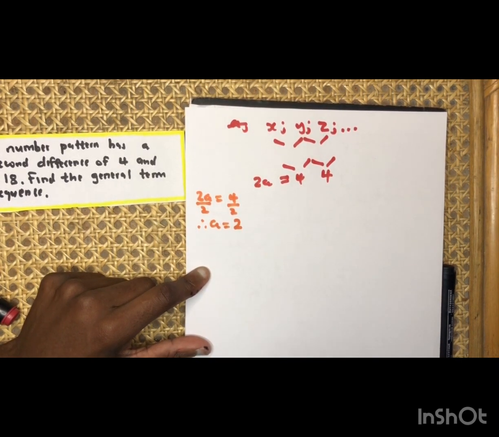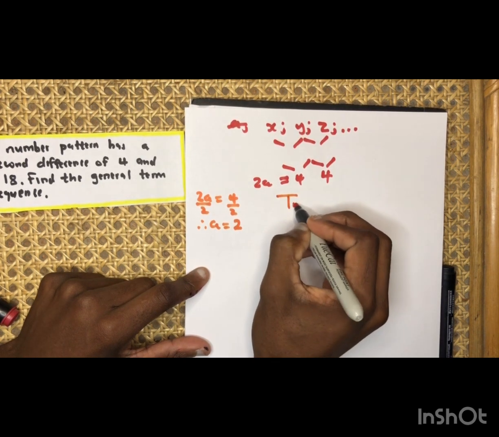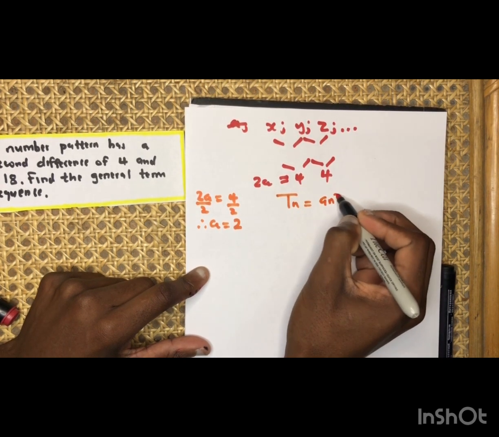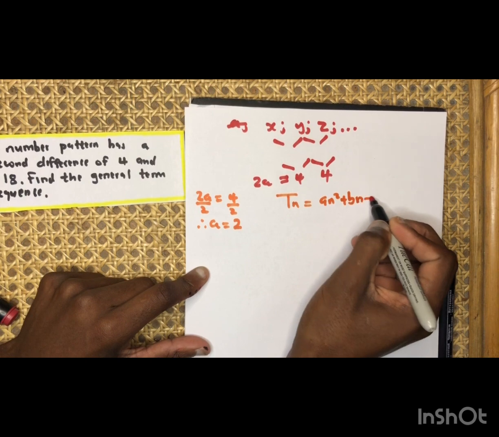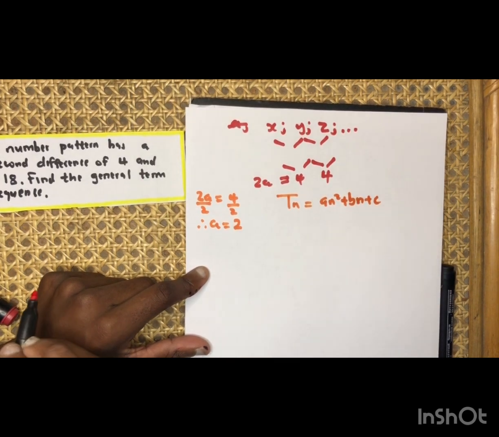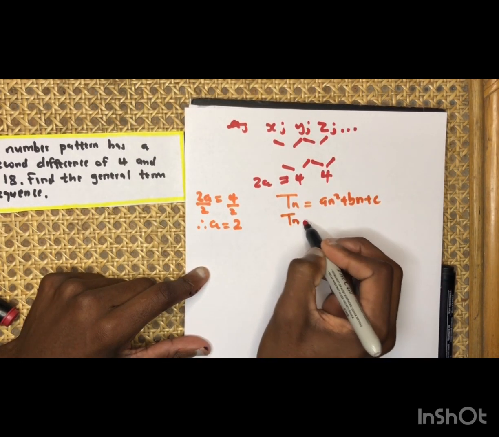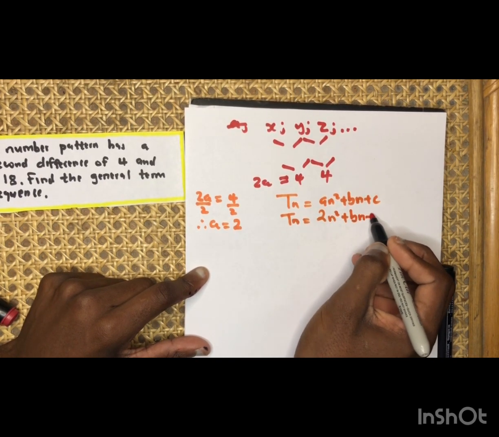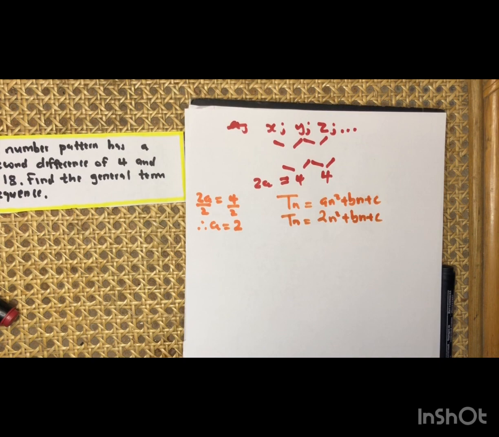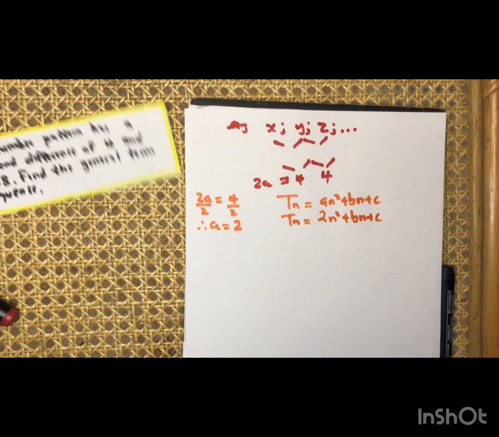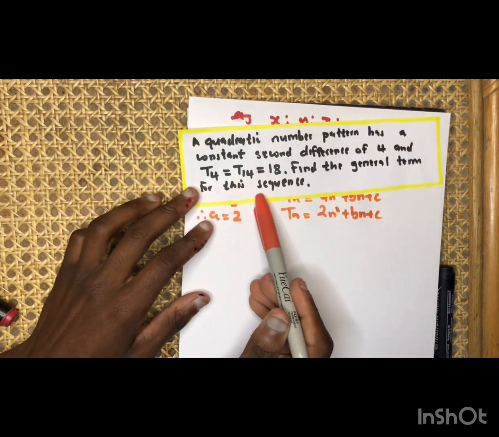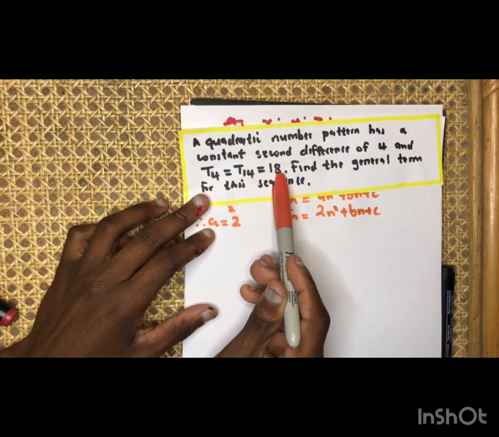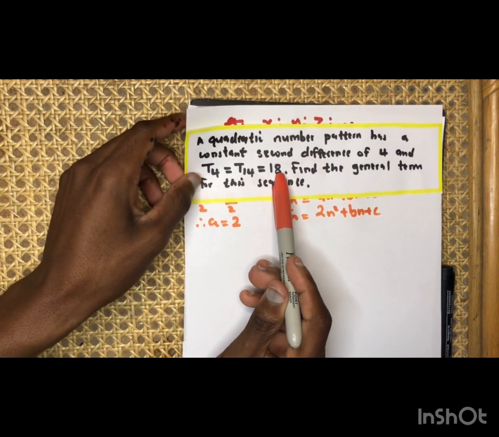Then remember, guys, the question wants us to find the general term, but we know a now. So I'm going to say Tn is equal to 2n squared plus bn plus c. Then you ask yourself which information you have. Again, we have this information, guys, that T4 is equal to T14 is equal to 18.